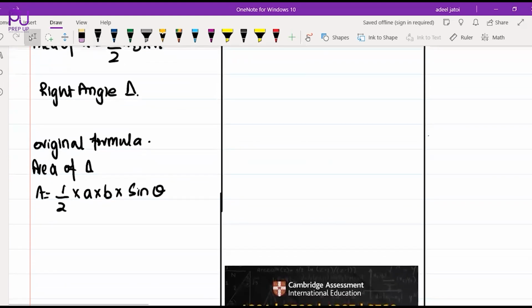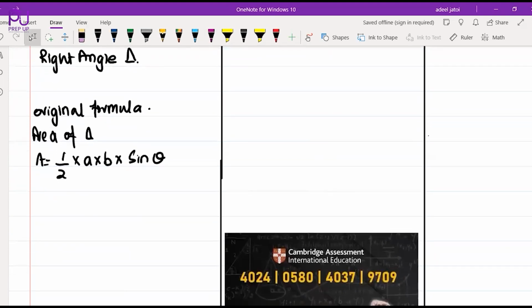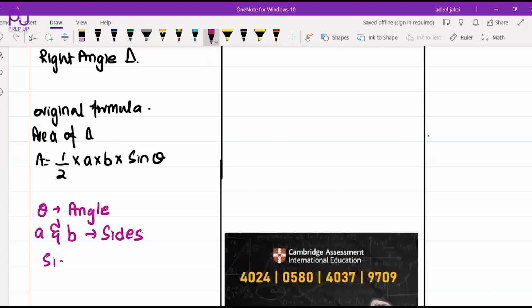For this, you need to understand what A, B and theta represent. Theta is the angle, and A and B are sides. But the sides should be adjacent to the angle.